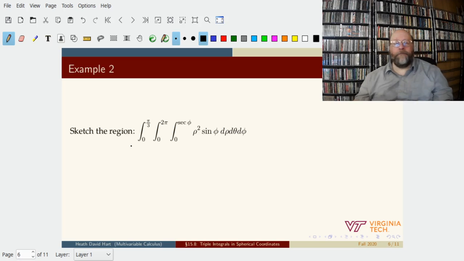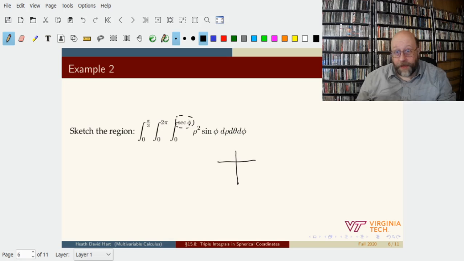All right, so let's try this example. We want to sketch this region. The crazy part right here is this secant. Let's talk about what that's doing here. Okay, so let's make a table of values.